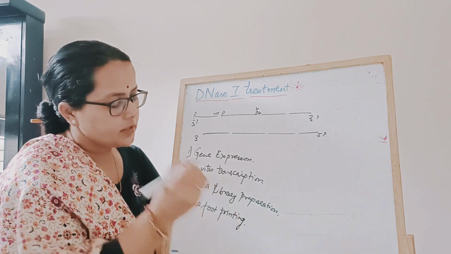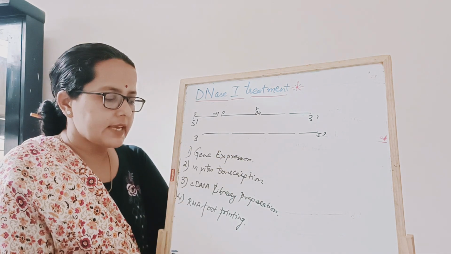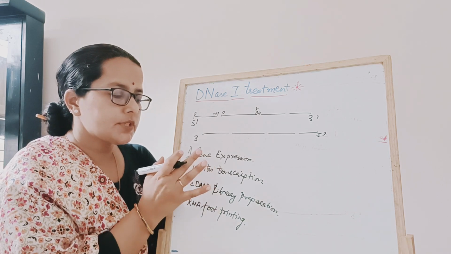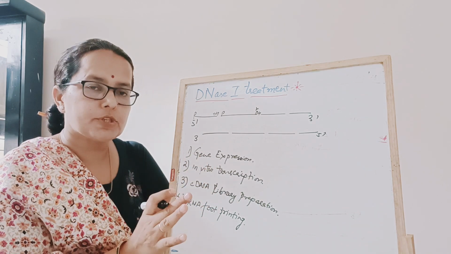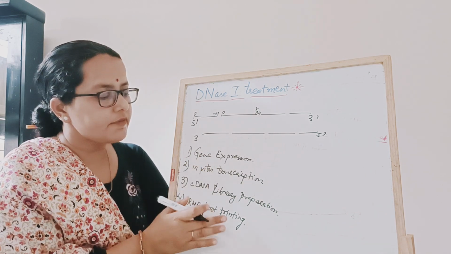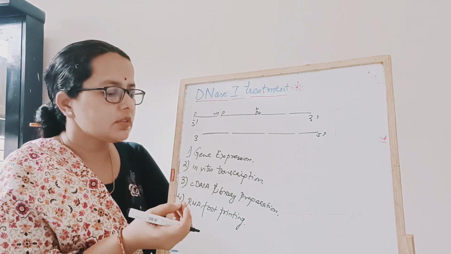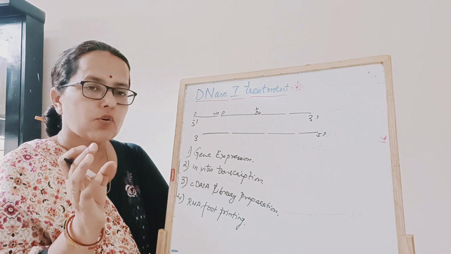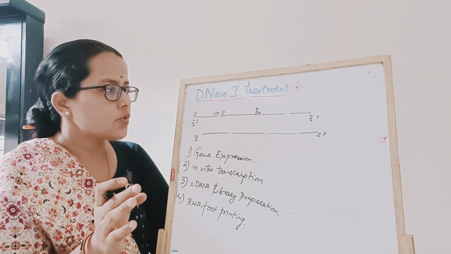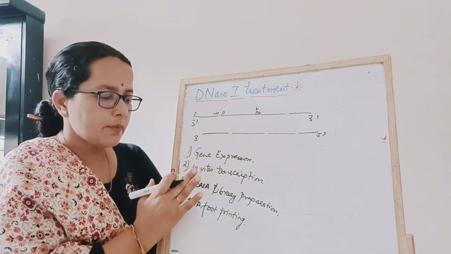In all these cases you want a pure population of RNA. Whenever you are isolating RNA by any method, DNA is always contaminating your RNA, so DNase treatment is important.